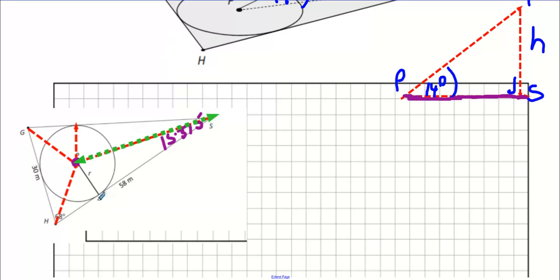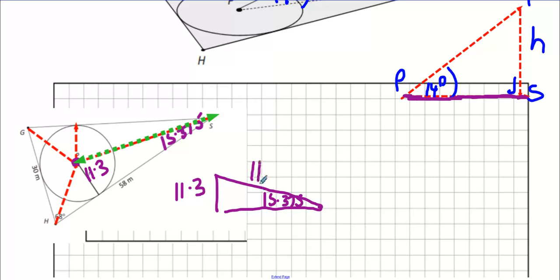And we know what R is because R is the radius and R is going to be 11.3. Okay, and what we have is a right angle triangle where we know that one of the lengths is 11.3. We know that this angle is 15.375. We're after PS, which is the hypotenuse. So we'll just call it H.